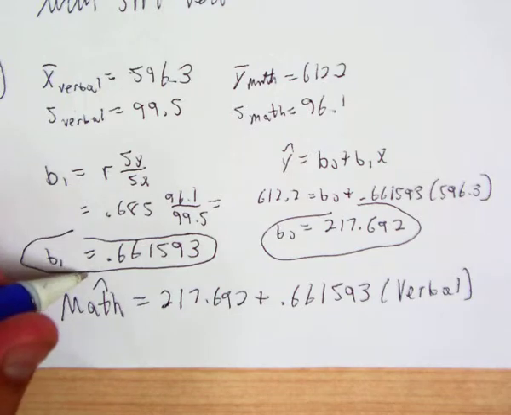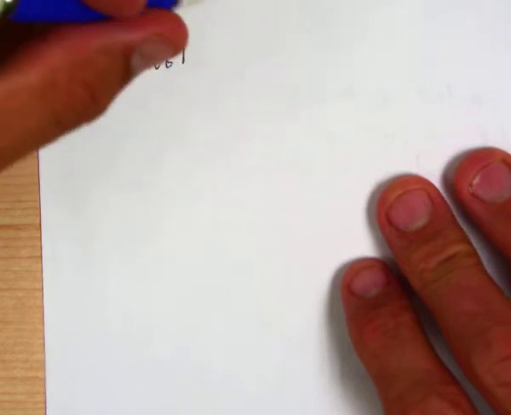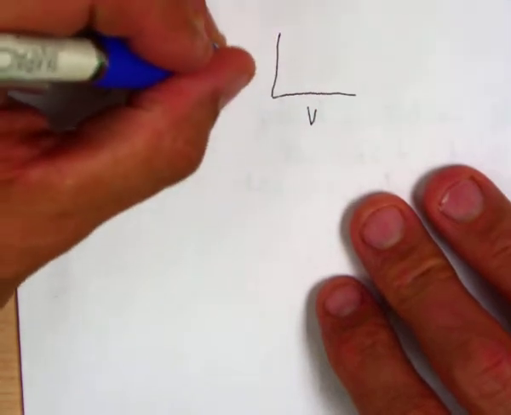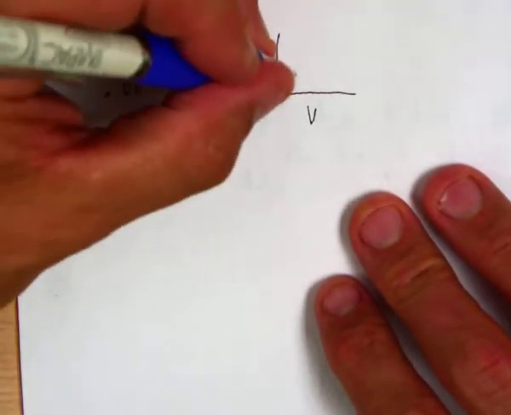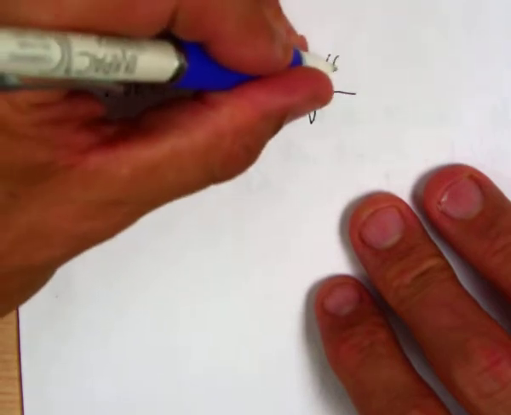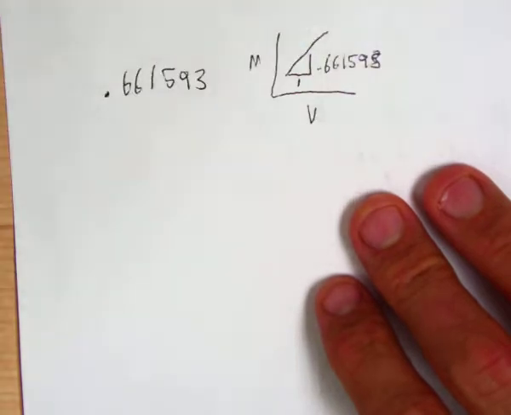And then in question E, interpret the slope of the line. Well, the slope is 0.661593. So again, we're comparing verbal to math, and that means every time verbal goes up by 1, math will go up by 0.661593.